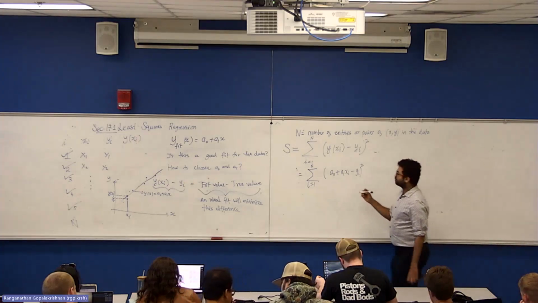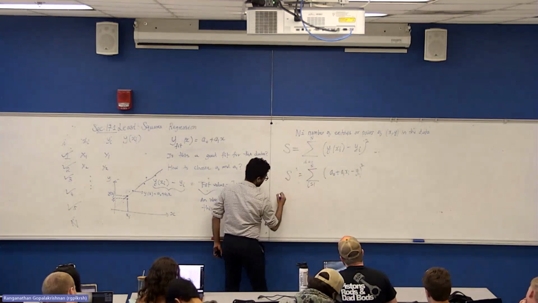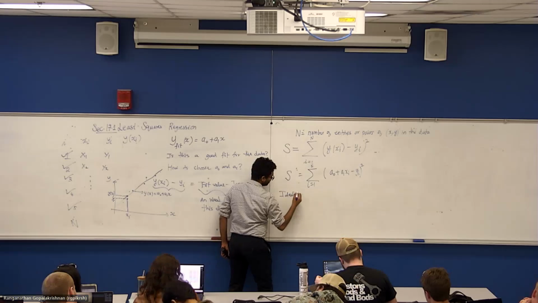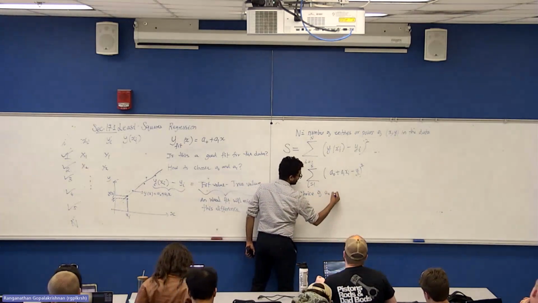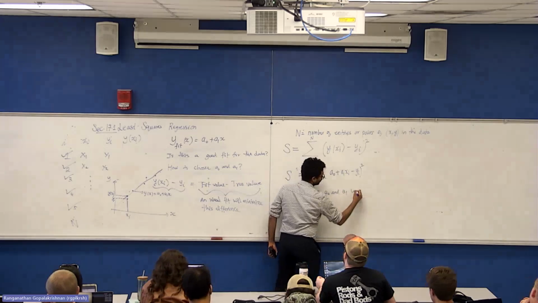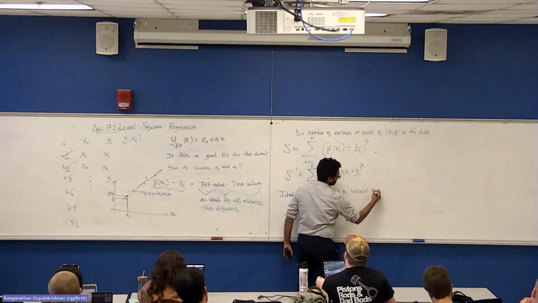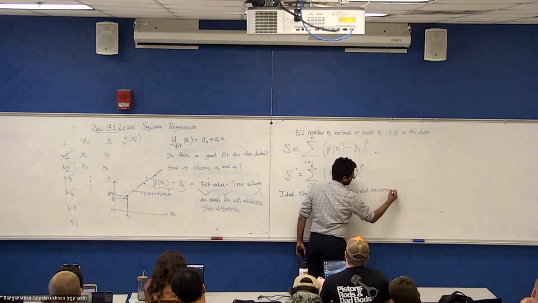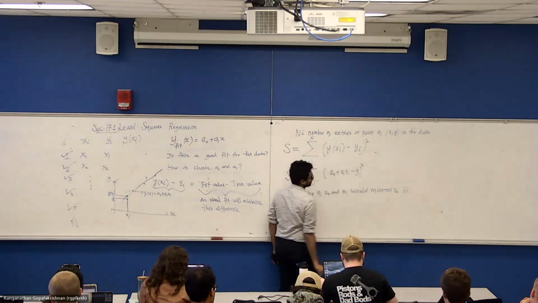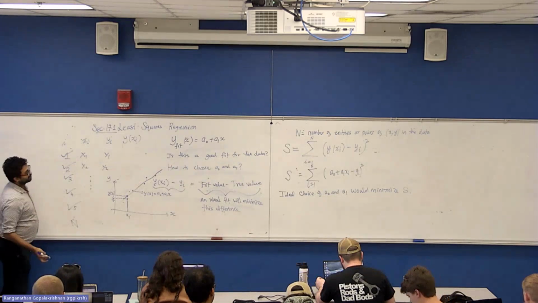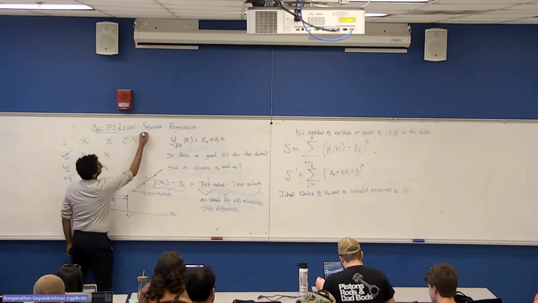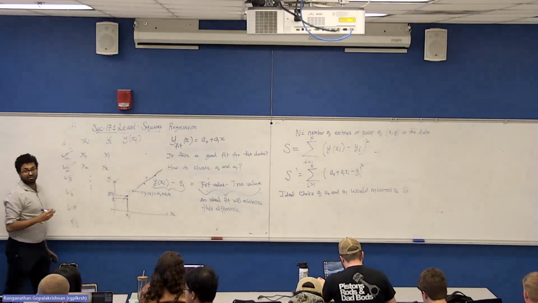Okay, so you have this quantity S, and the ideal choice of a naught and a1 would minimize S. The ideal choice of a naught and a1 would minimize S, and that is where we get the name least squares regression.